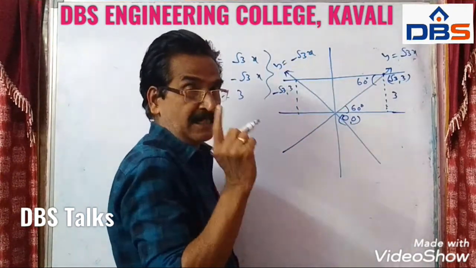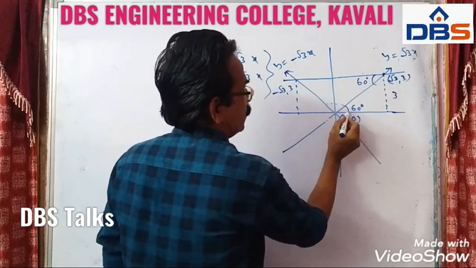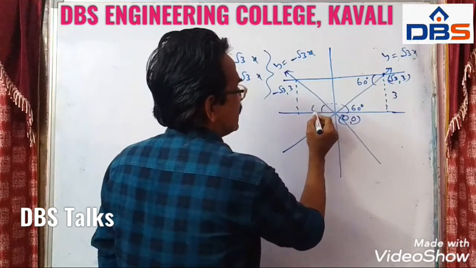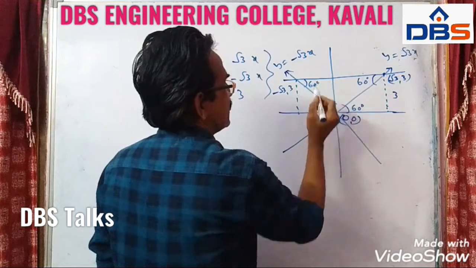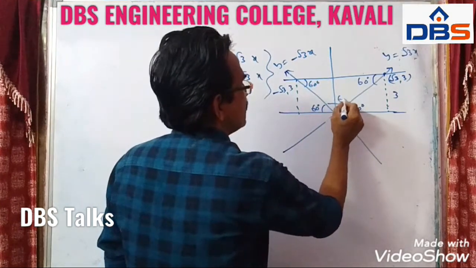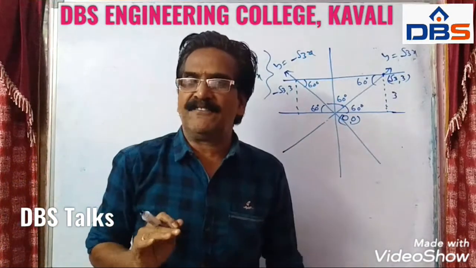And when the slope of this line is minus root 3, that is tan 120. This is 120. So this is 60, this is 60, and this is 60. So the triangle is an equilateral triangle, friends.